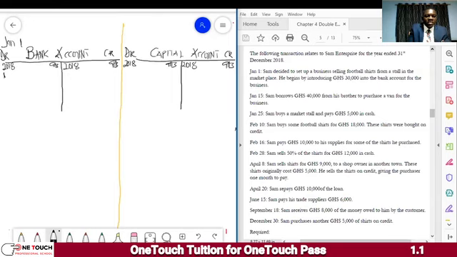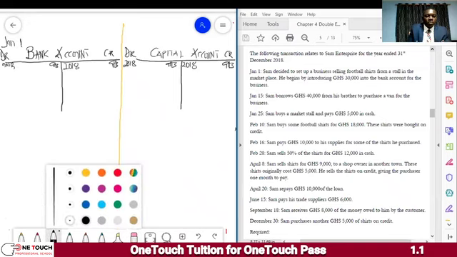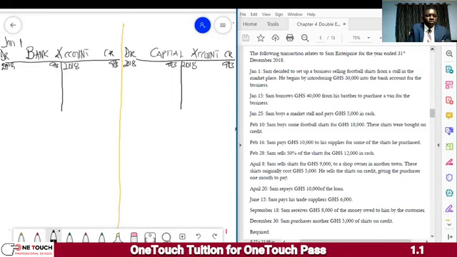The transaction was on the 1st of 12, and bank is increasing in the name of capital, and the amount is 30,000. Good.